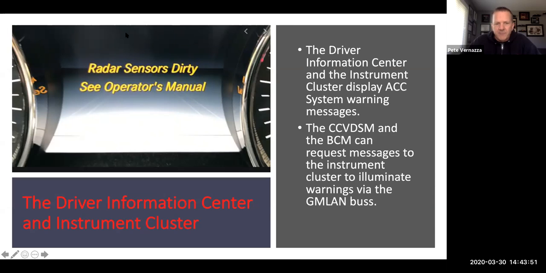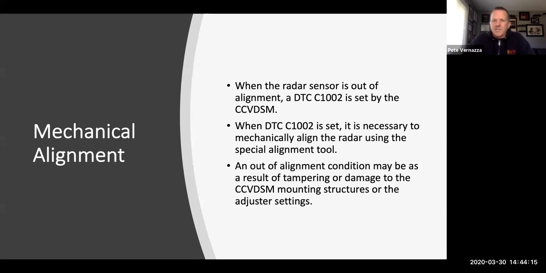The Driver Information Center can display different warnings, but that's probably the most common. The radar is either dirty or it's being blocked. And again, the distance module and the BCM can request messages to the instrument cluster via the GM LAN to illuminate specific warnings. Okay, last slide, and then we're all done.